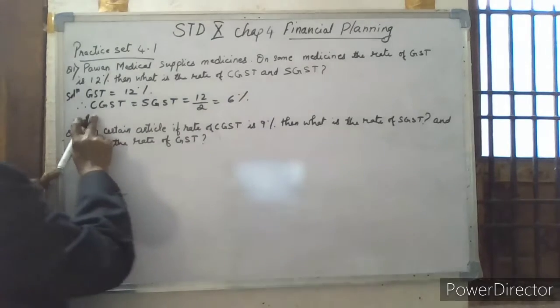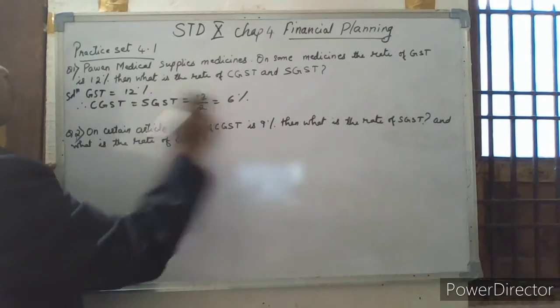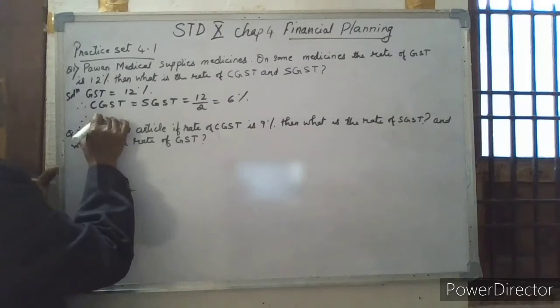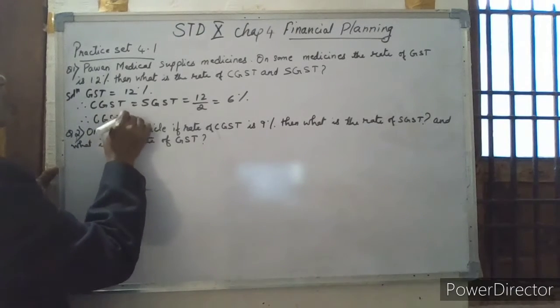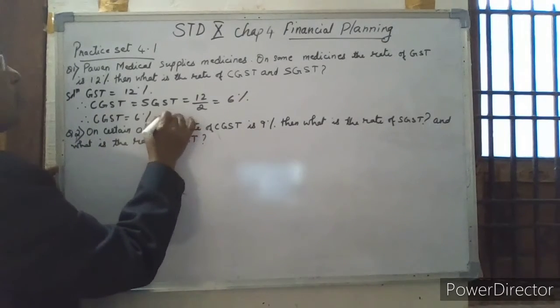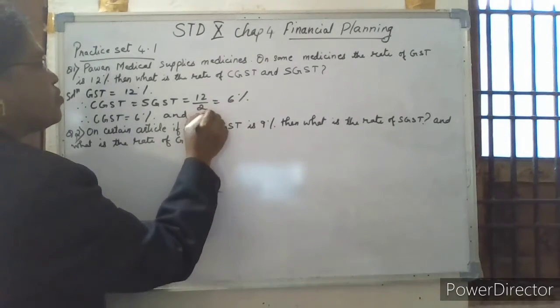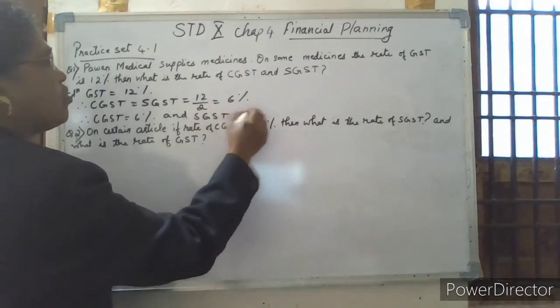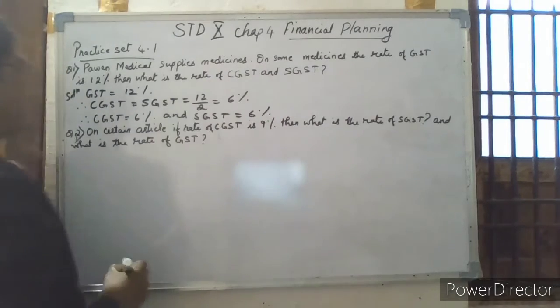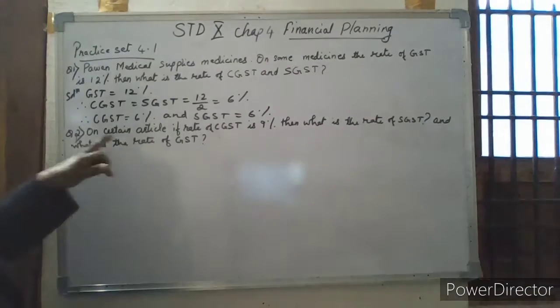So therefore CGST is equal to 6% and SGST is equal to 6%. This is the solution of the first question. Now we go to the second one.